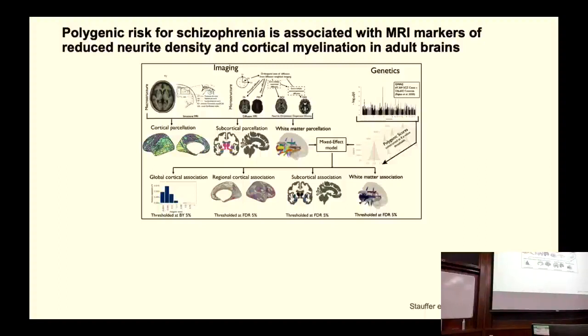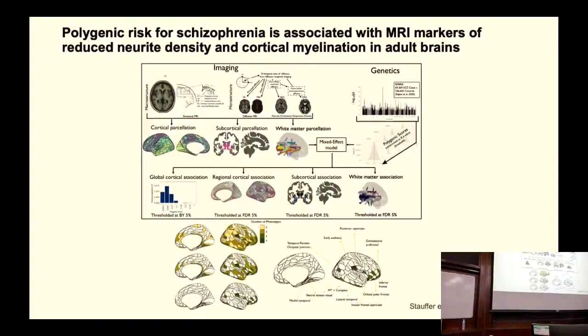This is a study from Eva Maria Stauffer, who's a PhD student in the lab at the moment, looking at the genetics of schizophrenia from GWAS data, calculating polygenic scores for risk of schizophrenia, and then investigating how those polygenic risk scores are associated with imaging phenotypes, and finding some pretty robust evidence for increased polygenic risk of schizophrenia being associated with decrease in this microstructural MRI marker of neurite density, which is an index of connectivity at a microstructural level in the brain.